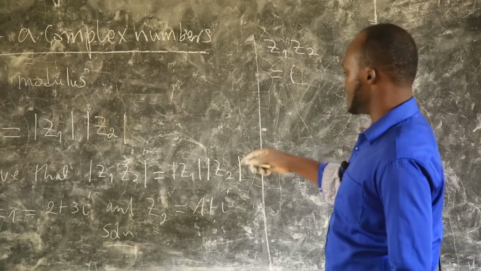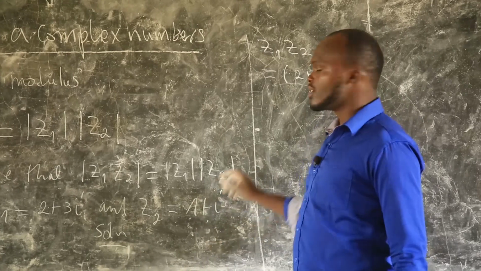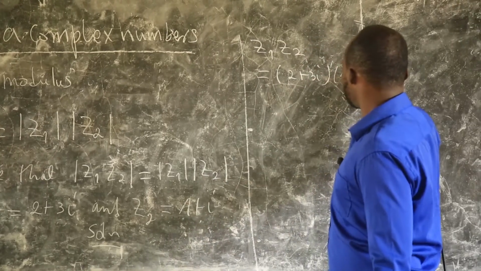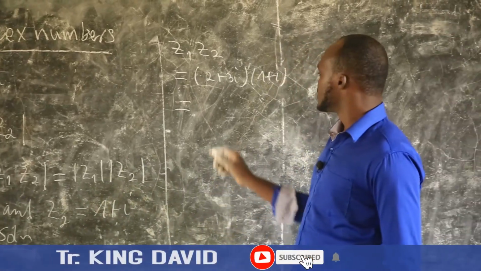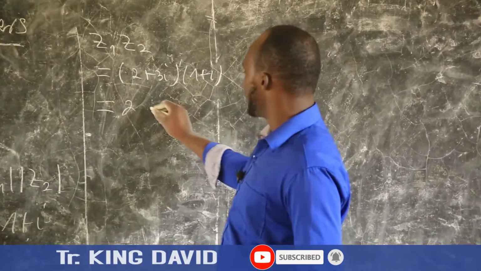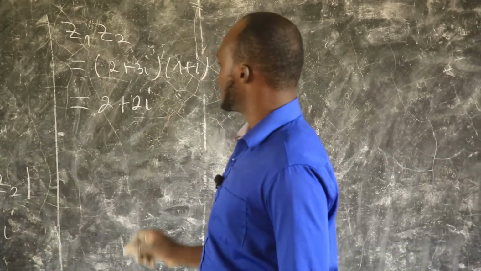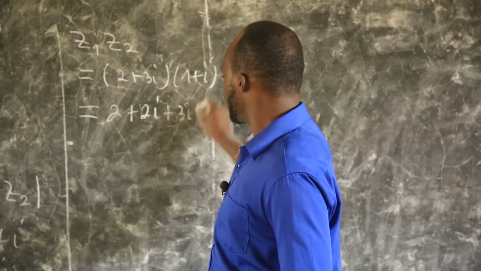Our z1 is 2 plus 3i, our z2 is 1 plus i. 2 times 1 is 2. 2 times i is 2i. 3i times 1 is 3i.